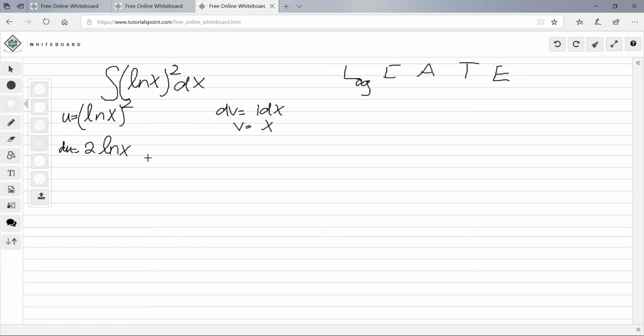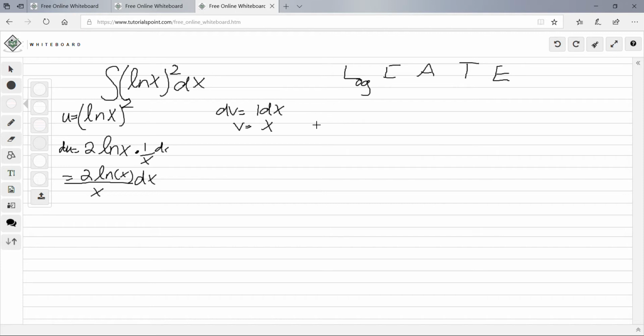And then times the derivative of ln x, which is 1 over x dx. And if you were to clean that up, it would be 2 ln of x over x dx, right?